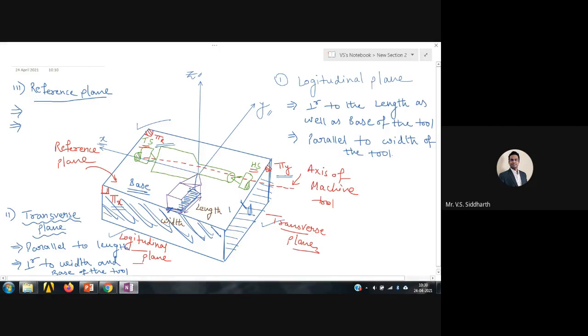This is the base of the tool, right Tejasvi? So this transverse plane is not perpendicular to this base. If I keep the tool here and this is the base of the tool, the angle between these two is what? 90 degrees or not? Got it?